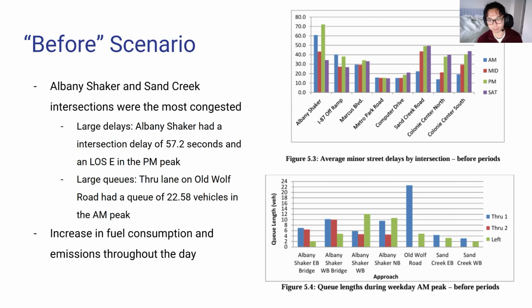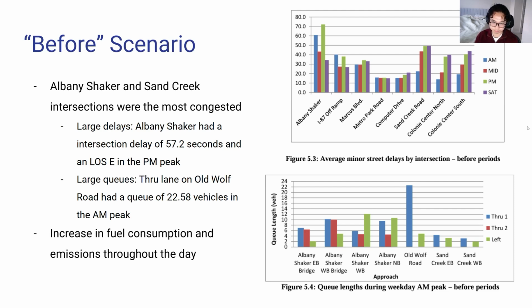And to summarize, the delays and queues were large, and they were specifically large at Albany Shaker and Sand Creek intersections. So, as you can see, Albany Shaker was operating at an LOS E in the PM peak with a delay of 57.2 seconds.